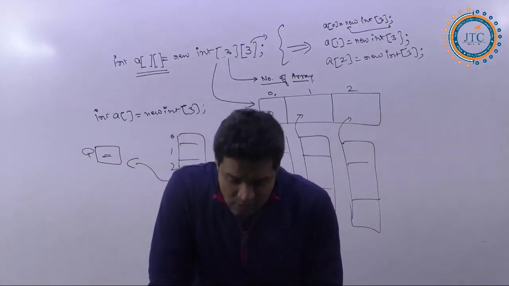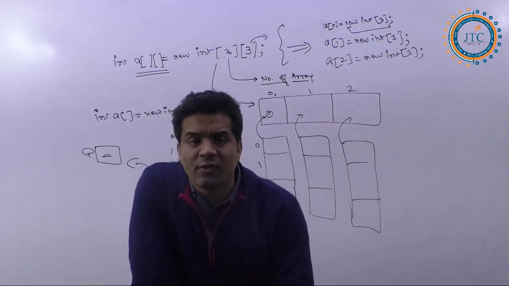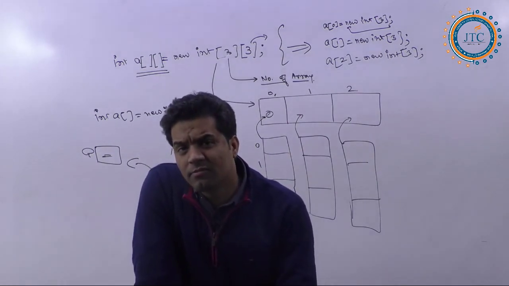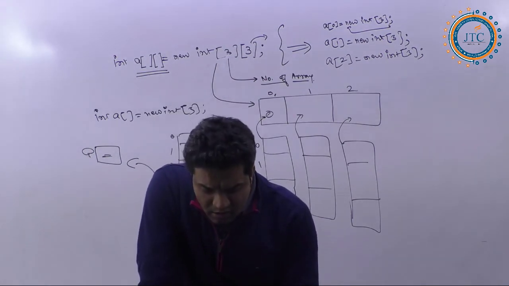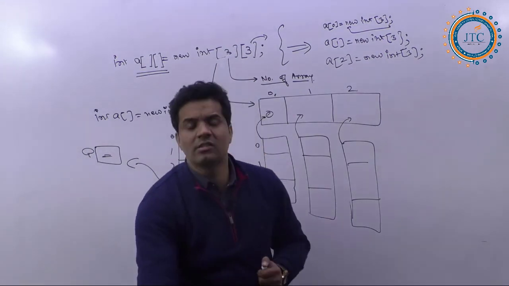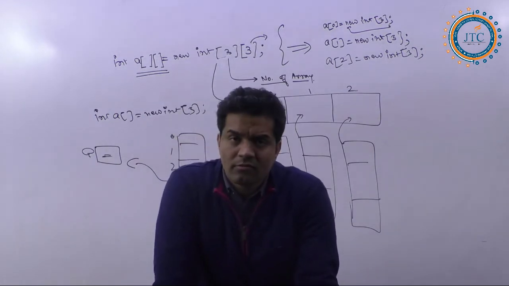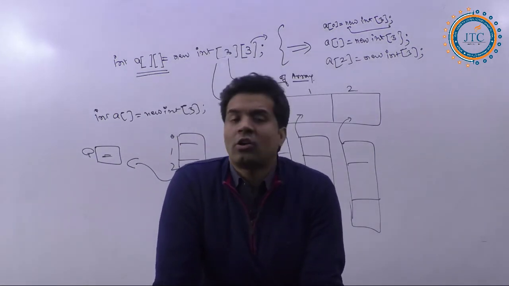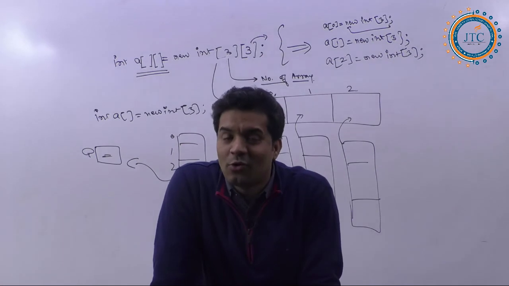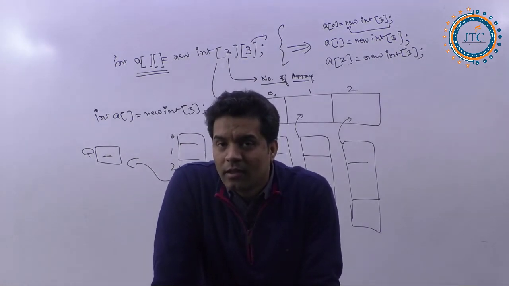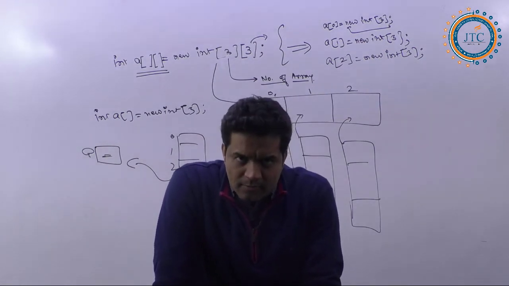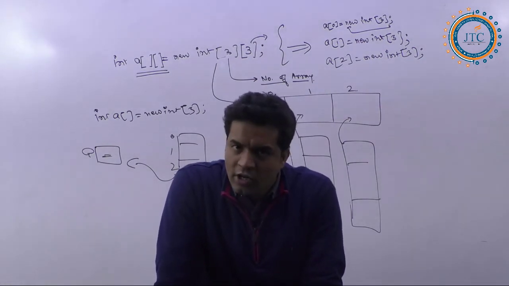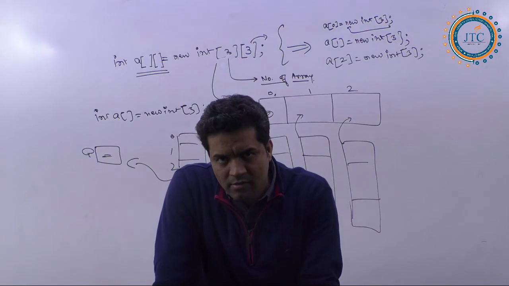Why do you want to see the two-dimensional array in the form of a matrix representation? What is the reason? For a single dimension array, you are not talking about a matrix, because there will be rows and columns, correct? You are not talking about that matrix.